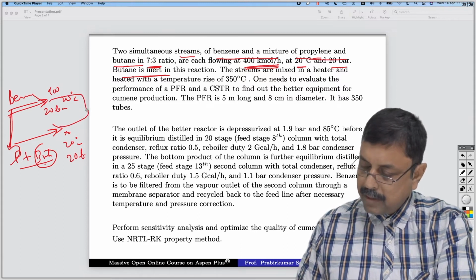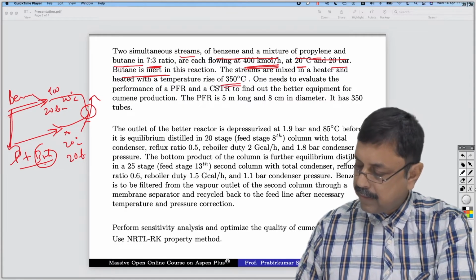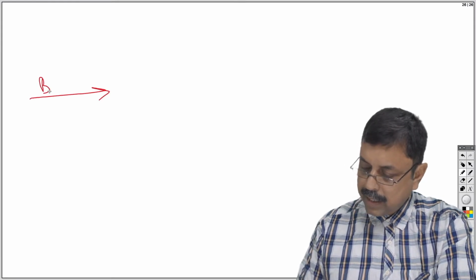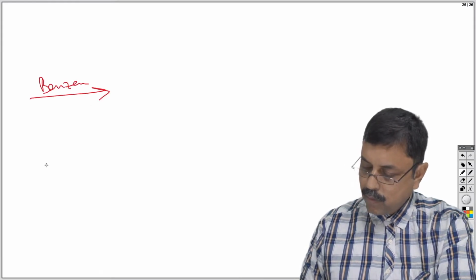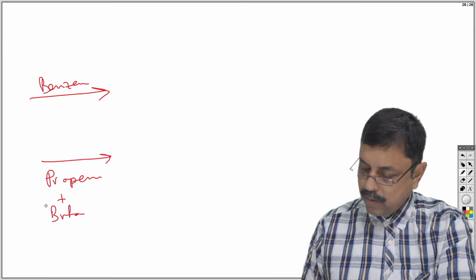And they are mixed into a heater and the temperature rise is 350 degrees centigrade. So basically we have this benzene line, we have this propylene and butane line, which is 7:3 ratio.